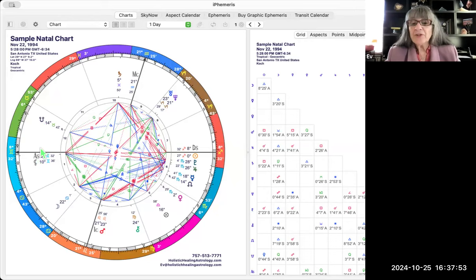Okay, if you don't know your time of birth, you just don't know the exact house position that your sun, moon, and all these planets are located in the house of the zodiac wheel. But you still are going to know the planets in the signs, and you're going to know the aspects, and that's tons of information.